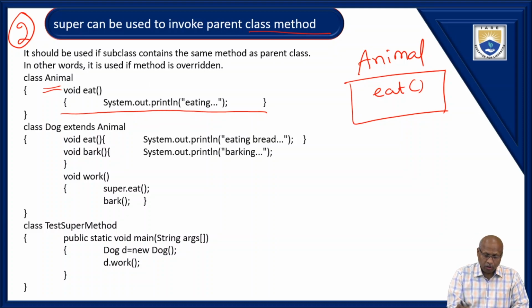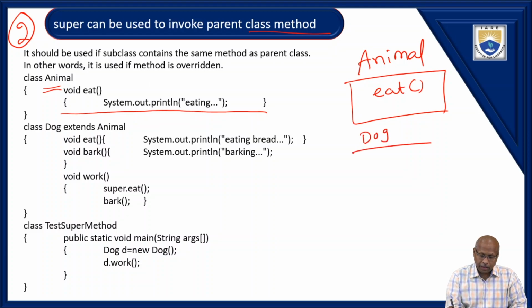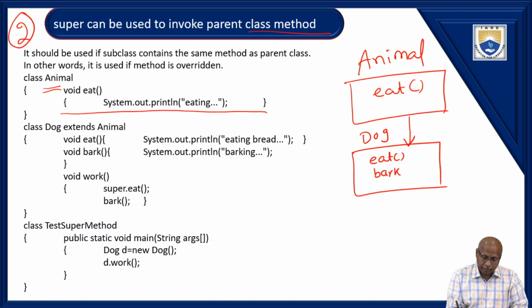Now there is a class called Dog, which is derived from Animal. So for Dog, the parent is Animal. Here I have an eat method in Dog, as well as a bark method and a work method. Three methods are there.